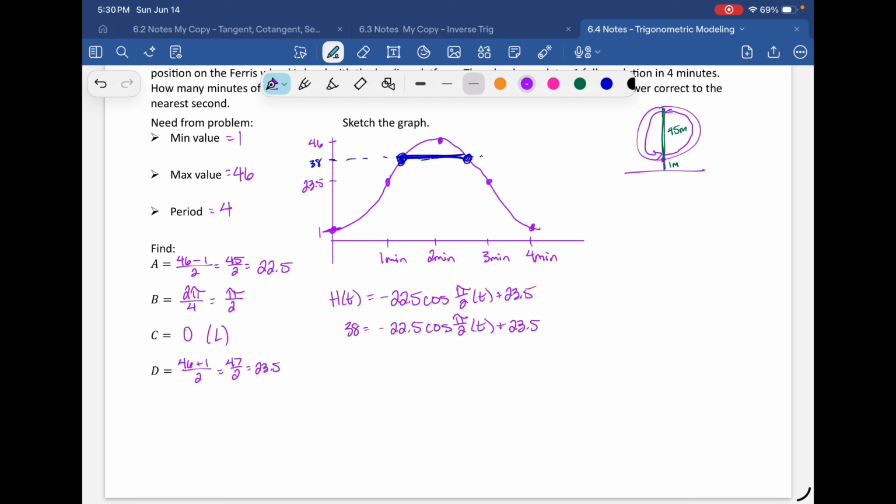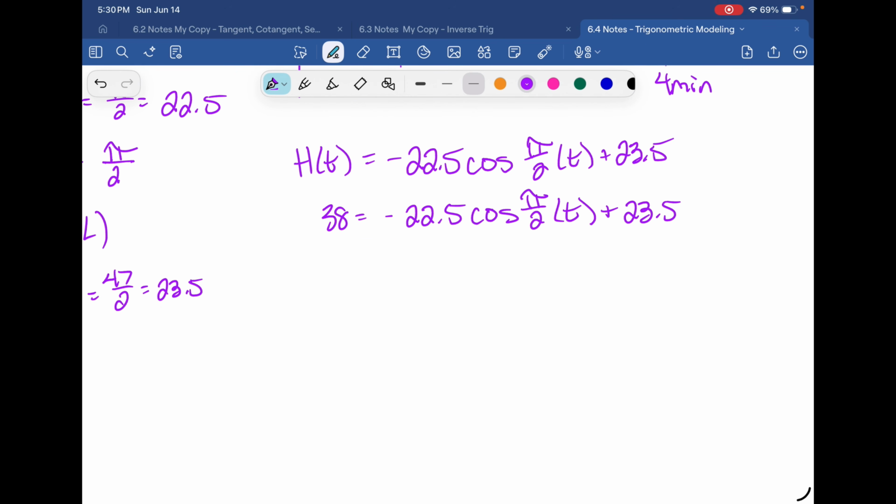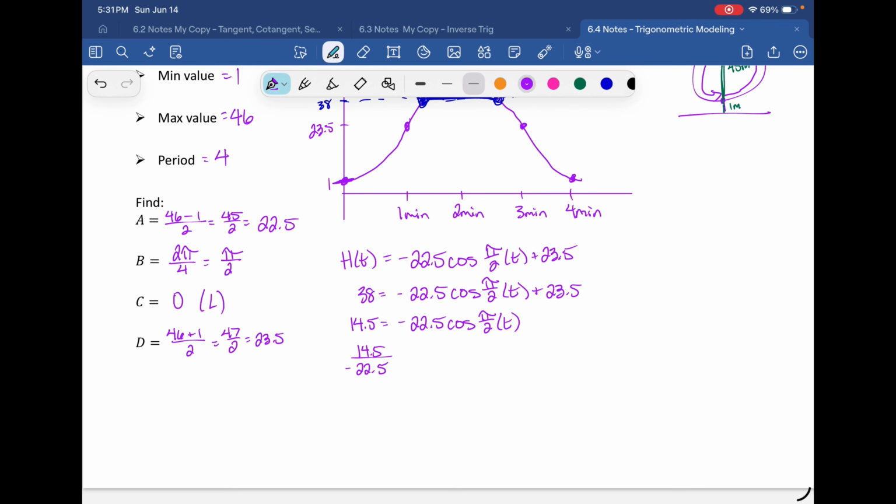Interesting. Sorry, I did my own practice problem wrong. So subtracting, it's 14.5. I'm going to divide, but I'm not going to simplify it. So I'm just going to leave it as 14.5 over negative 22.5.